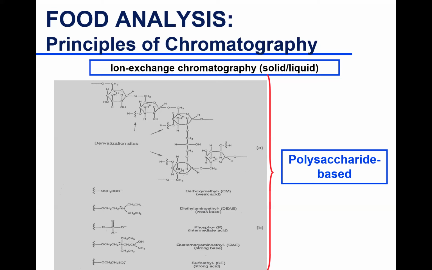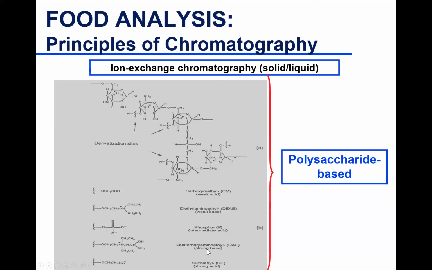One of the ways to increase the strength of the mobile phase when we have a weak acid or weak base is changing the pH. By changing the pH, I change the selectivity, and by changing the selectivity, I reduce my analysis time. These same OH groups can be derivatized by a strong base or strong acid.